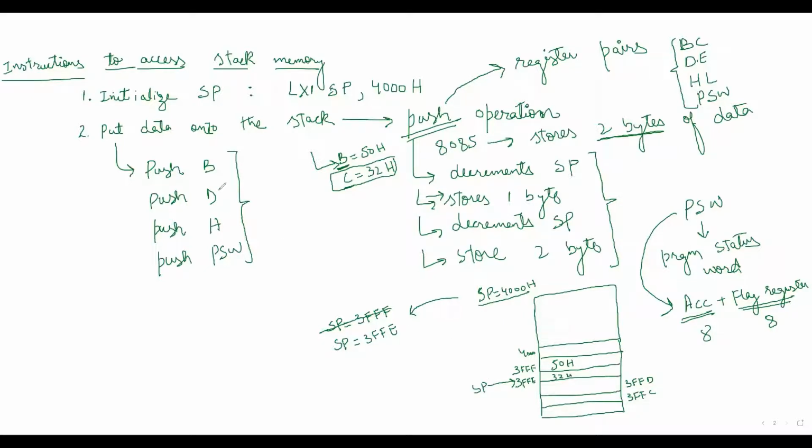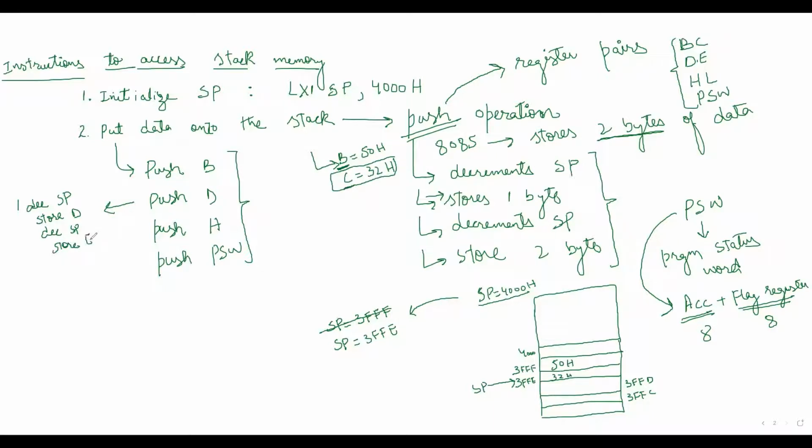Now let's suppose I am doing push DE. So what will I do? Push DE. I will decrement stack pointer, then store higher byte. What will be the higher byte? D. Then again decrement stack pointer and store the lower byte.